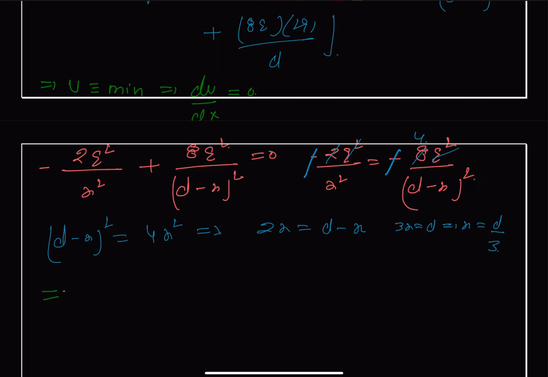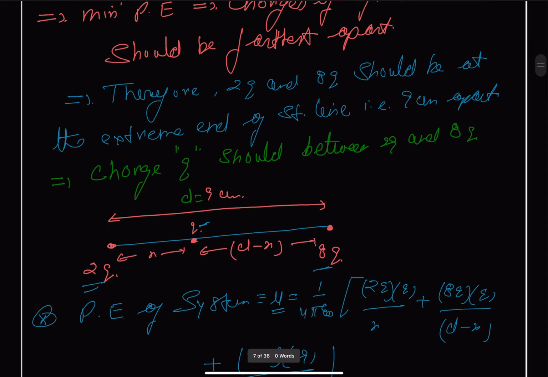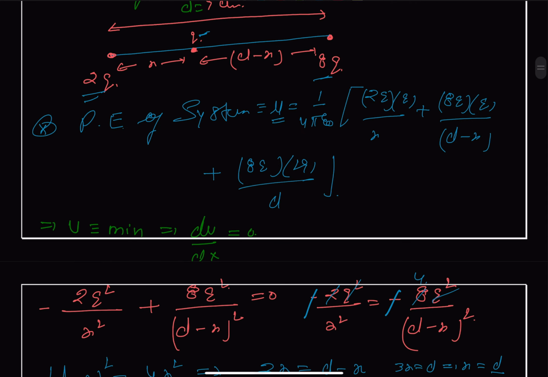Therefore x is equal to 9 by 3, which gives us that x is 3 centimeters. And so we found out our x. So the distance of Q from 2Q is 3, and from the other side obviously it will be 6.